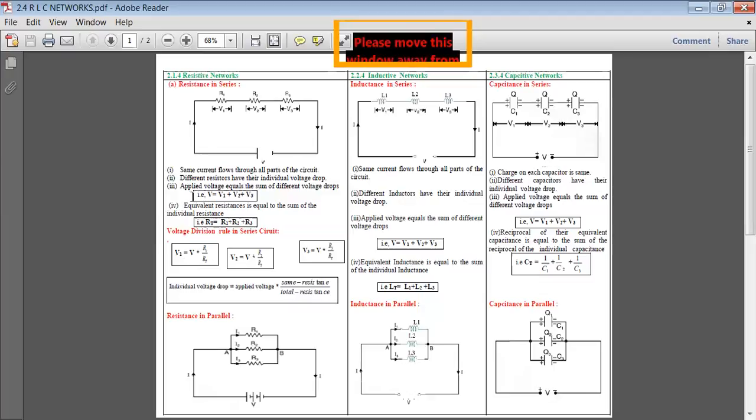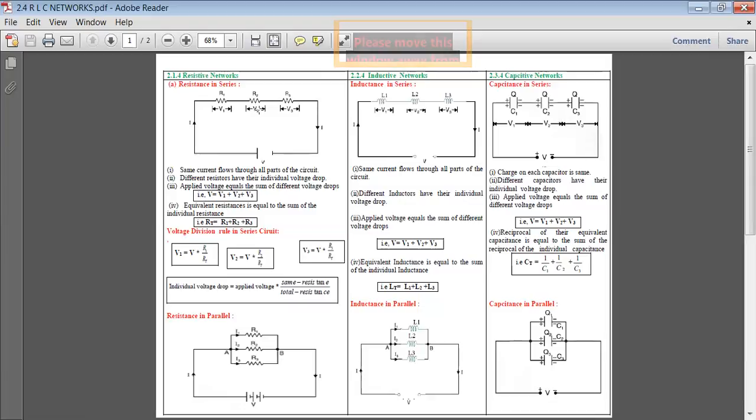Simply we can say that to find V1, the individual voltage drop is equal to the applied voltage into the same resistance by the total resistance, R1 plus R2 plus R3.